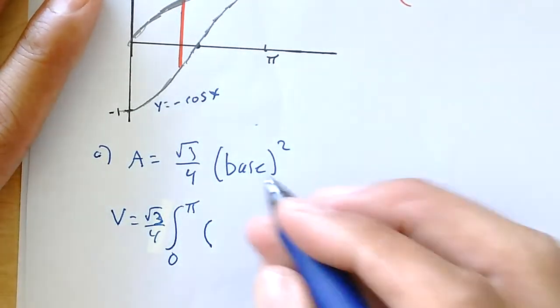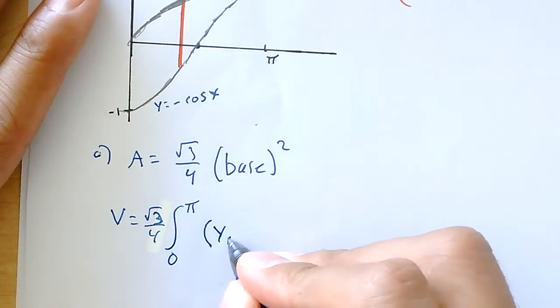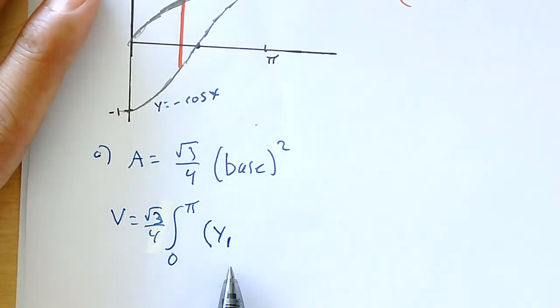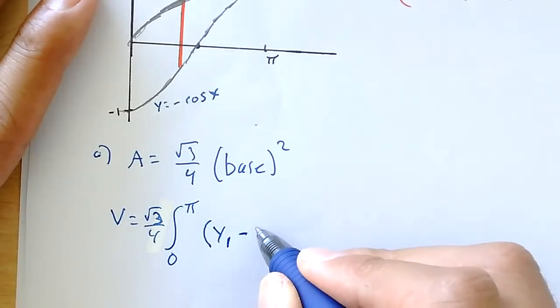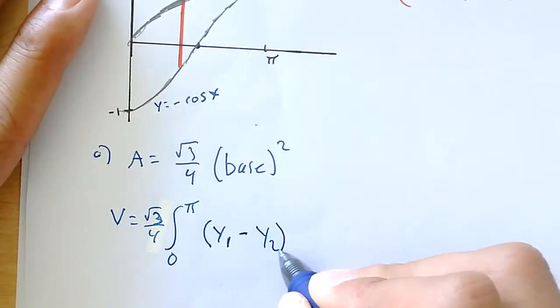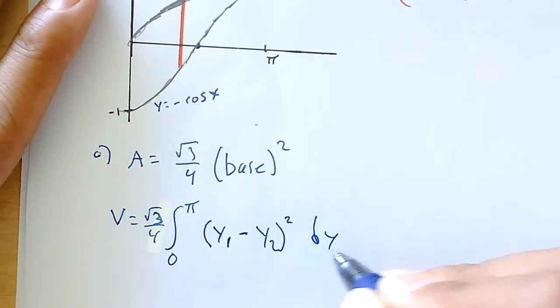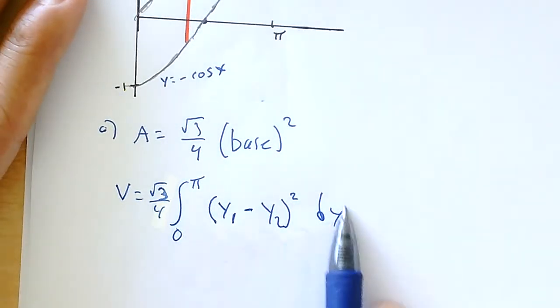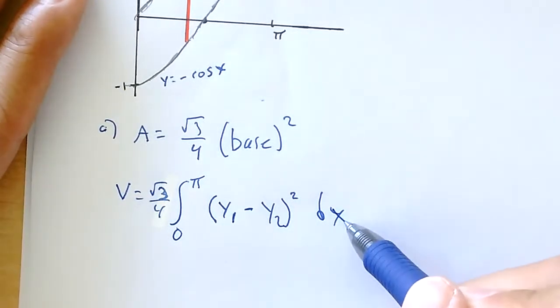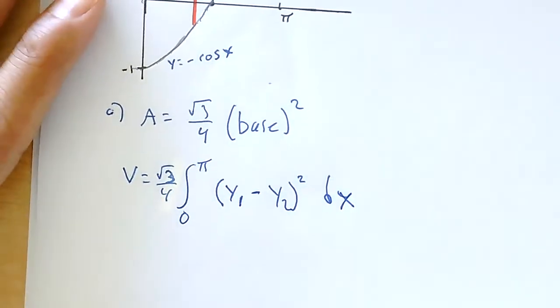So I'm going to do y1, because that's where I put the first function, the sine of x, minus y2, and I'm going to square that with a dx.